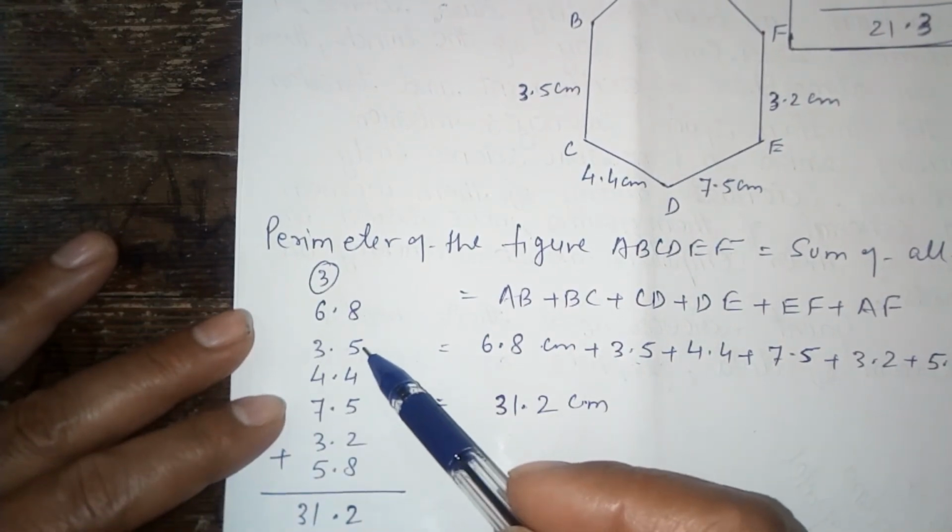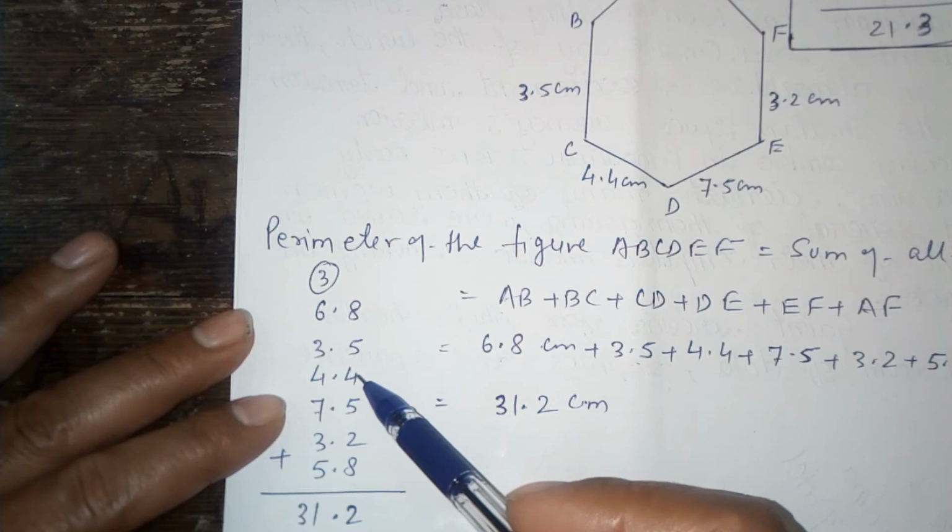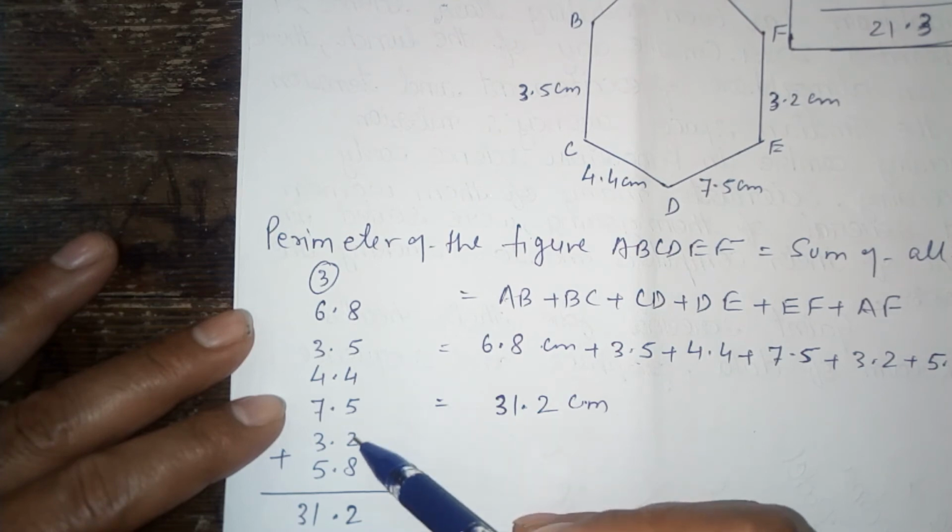8 plus 5 is 13, plus 4 is 17, plus 5 is 22, plus 2 is 24, plus 8 is 32.